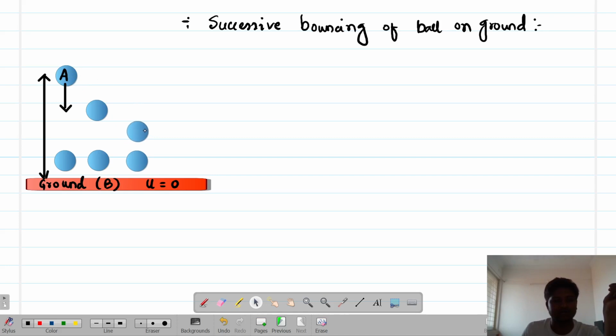So every time the height will go on decreasing, isn't it? You are going to see that this height has decreased after the successive collision with respect to the ground. Means these heights are going down and down and down.